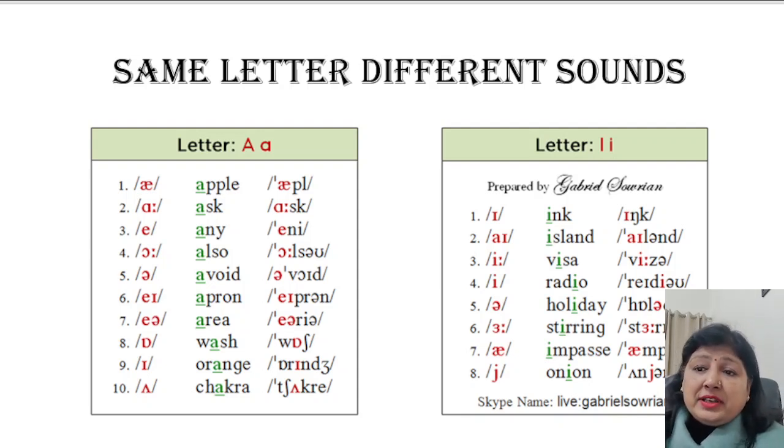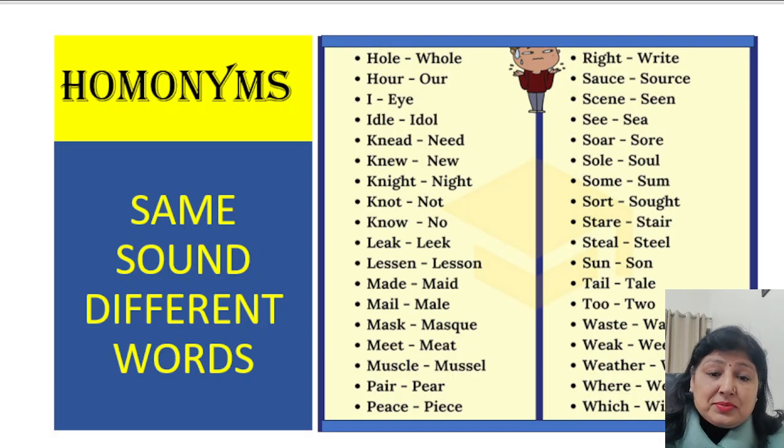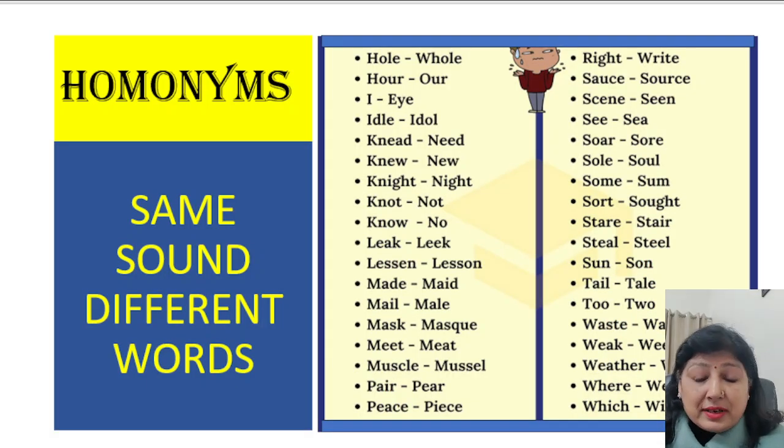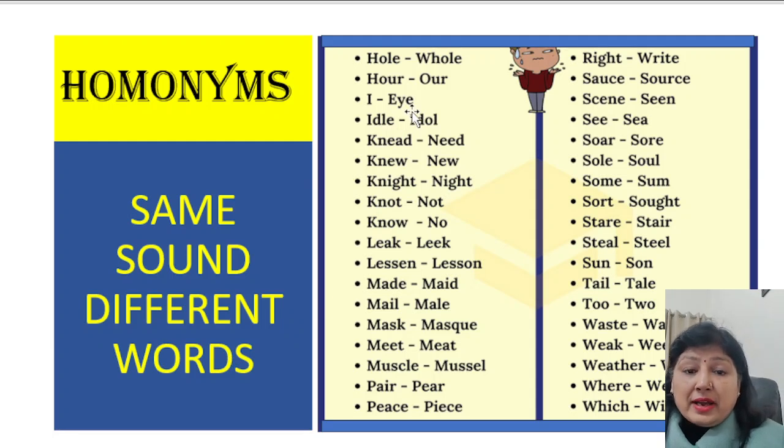In the next slide, we can see there are same sounds, but the letters that represent them are quite different. As we can see the word I and the word eye, spelled E-Y-E, both have the same sound, but the letters are different.